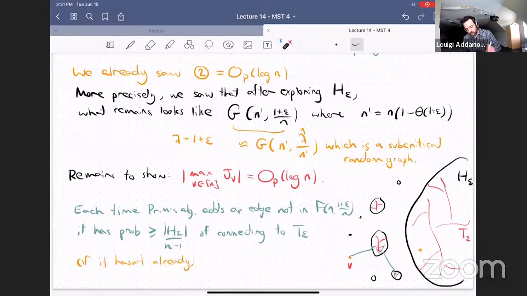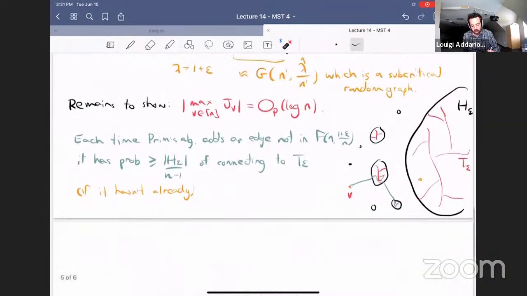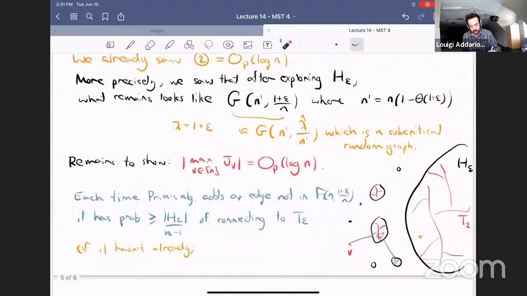Okay, and that's just because although where it connects from might not be uniformly random over the tree that's built so far, where it connects to is always uniformly random over what remains to be connected.